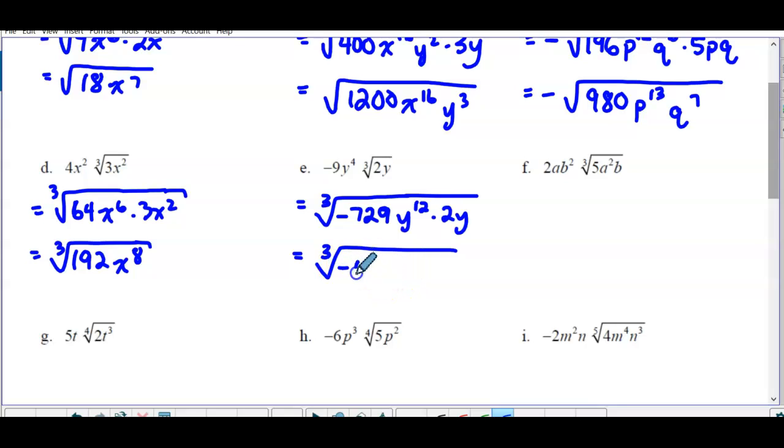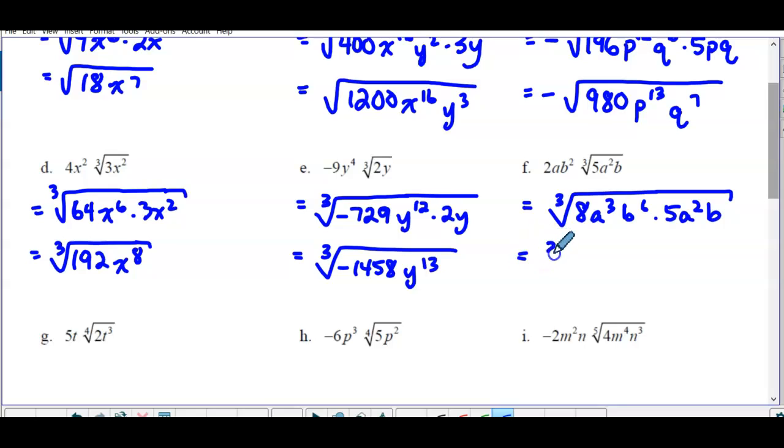It's 1,458 y to the 13. Then cubed root. 2 cubed is 8. A cubed, b squared cubed is b to the 6 times 5a squared b. 8 times 5 is 40. A cubed times a squared is a to the 5th. B to the 6 times b is b to the 7.